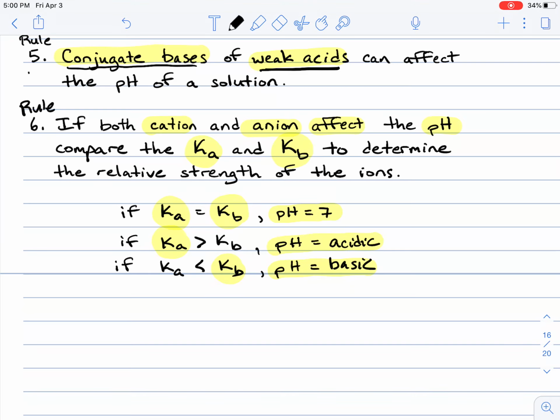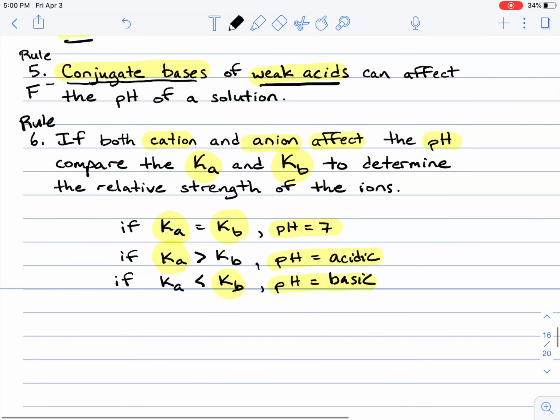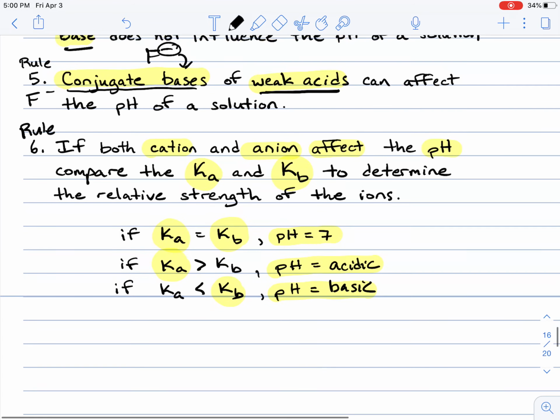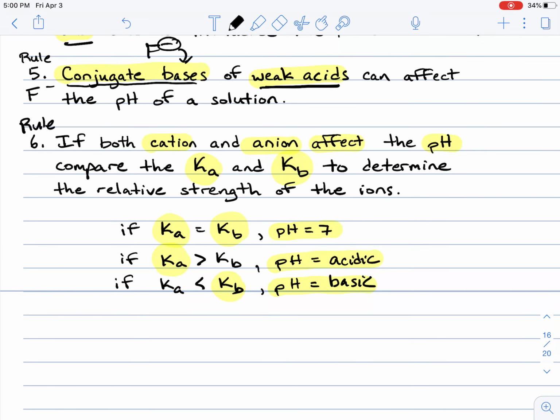And so F-, since it has a negative charge, can be considered as a base, more specifically a Lewis base. And we want to make sure that its conjugate is a weak acid. If F- is the conjugate base, its conjugate is going to be HF, right? So we're just converting that base to an acid. And so we're going to see if HF is a weak acid.